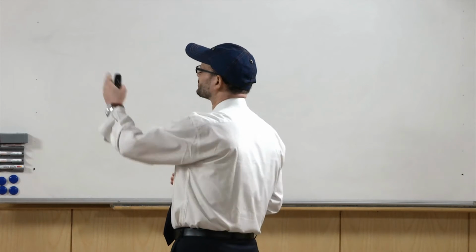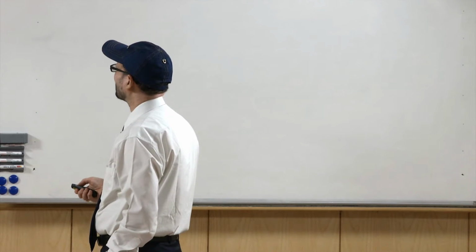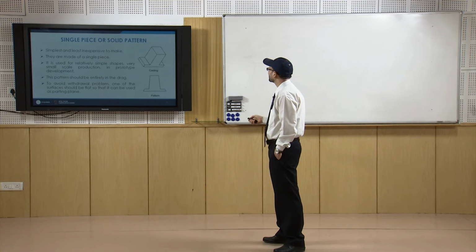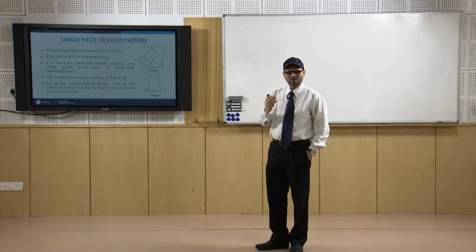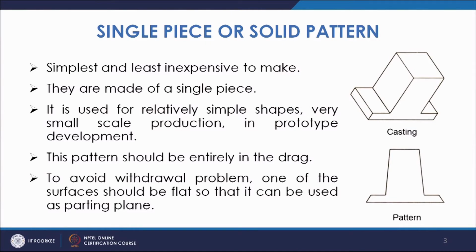You have a simple shape of this casting and you can keep the pattern of this shape in the drag itself, so that there is no problem in withdrawing it, and once you withdraw the single part of the pattern, you get the cavity which has the same shape as the casting. You need not have any kind of gating or runner, and in such cases the pattern type is known as solid pattern.